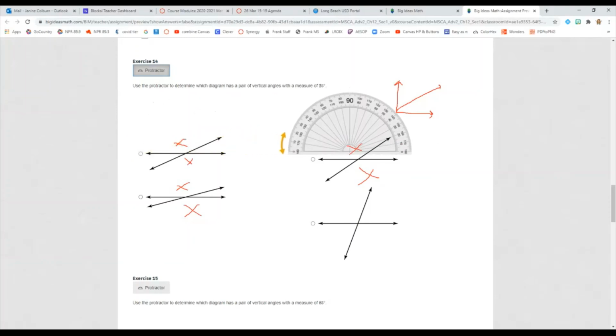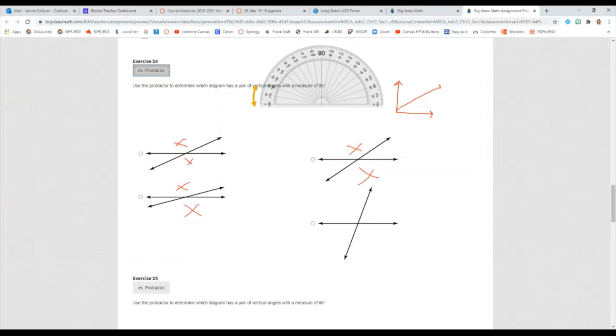I'm going to slide my protractor over here, make sure that the vertex is lined up with the crosshairs, and that this ray is lined up on the 0. And then I'm going to follow it up, 10, 20, 35. Okay, this angle here is 35 degrees. So if this angle is 35 degrees, well, then this angle is 35 degrees.